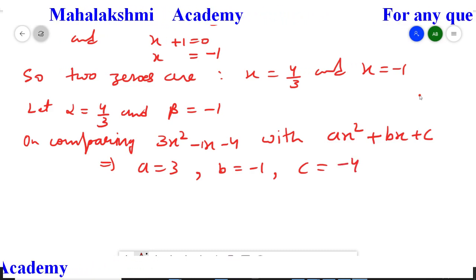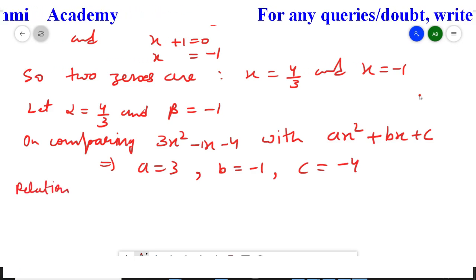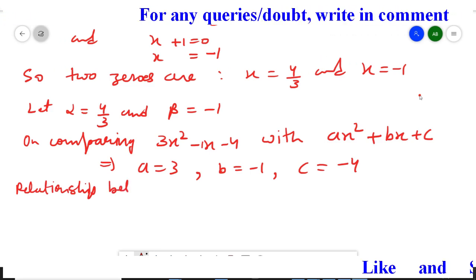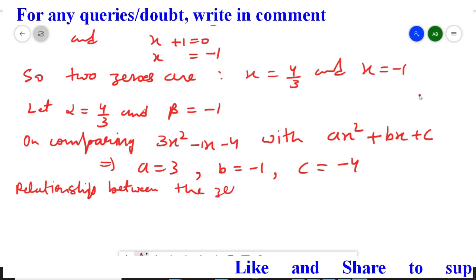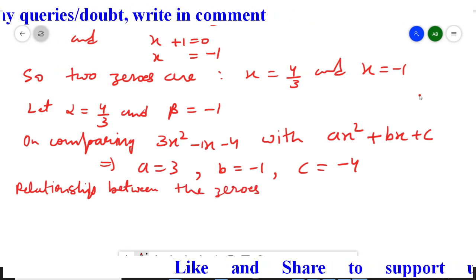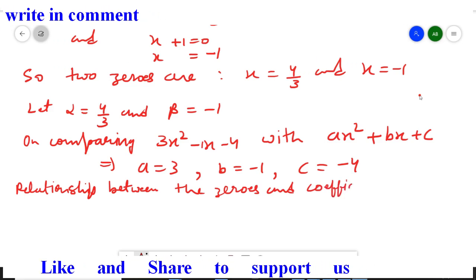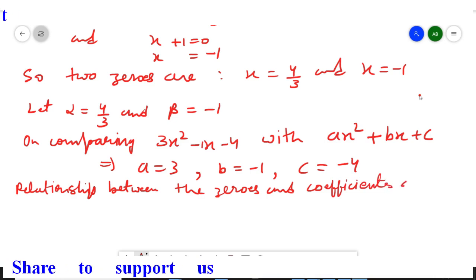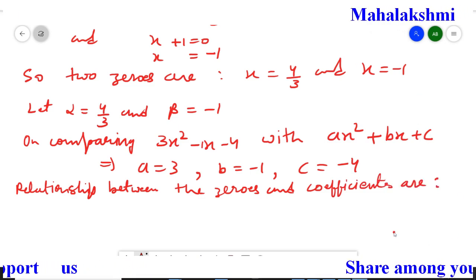Now we will find out the relationships between the zeros and coefficients. There are two relationships, students, one by one we will write both down.